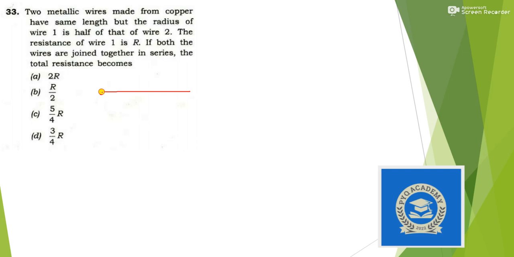This is wire 1 of length L, and another wire, this is wire 2, of the same length L, but it has radius 2R if wire 1 has radius R. Now wire 1 has the resistance R. We have to find this resistance R dash.